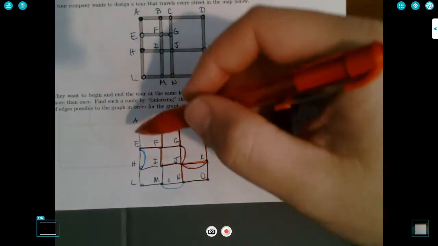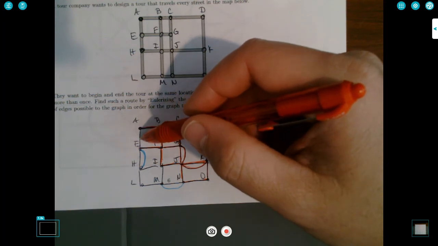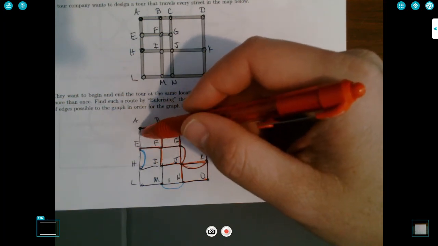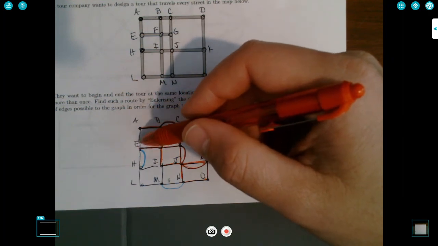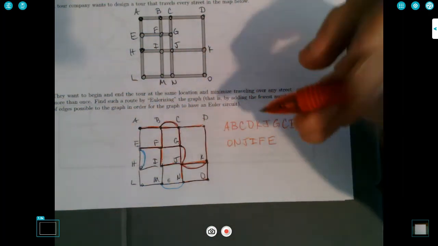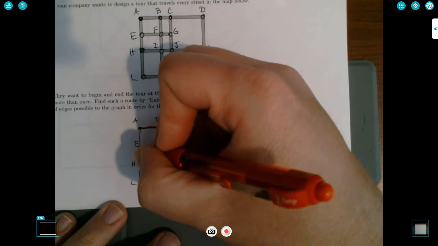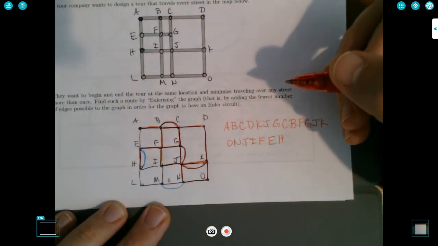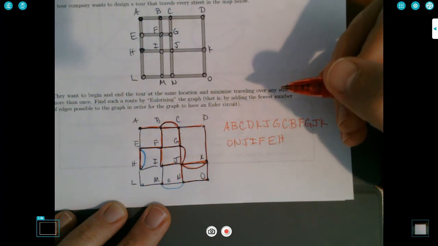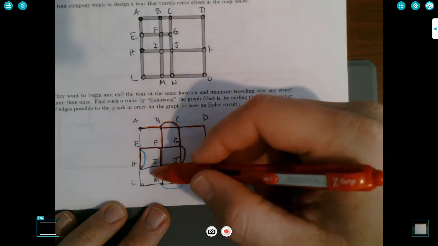Okay, and now notice I can't go up to A. That's a bridge now. So I can't go that way. So I've got to go down to H. This is a bridge, isn't it?